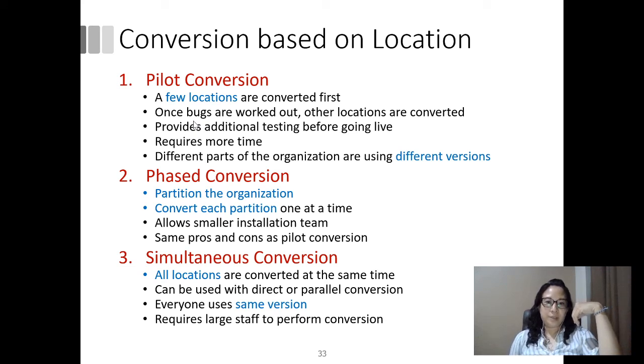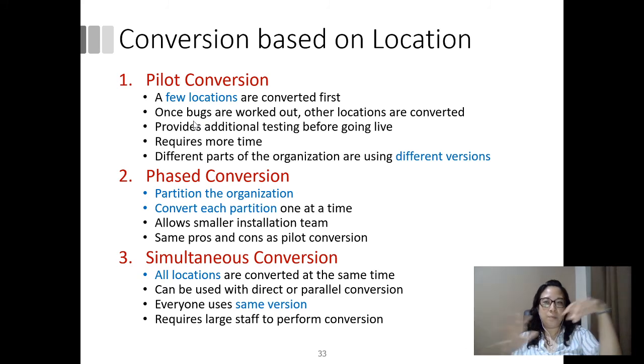And the simultaneous conversion means that we can do the pilot and phased conversion together. For example, Jakarta only uses the sales module, Bandung only uses the inventory module, or something like that.